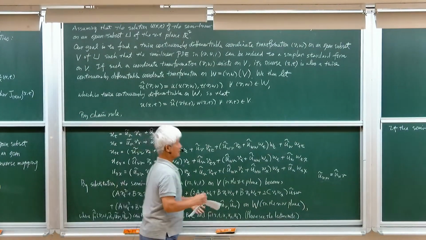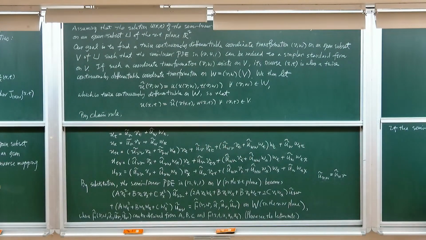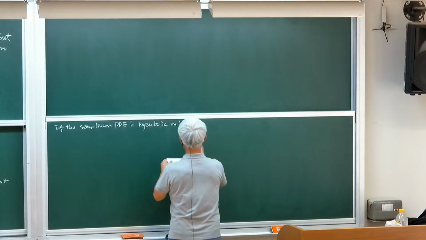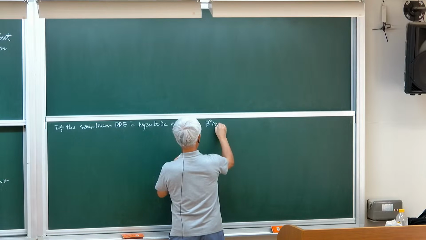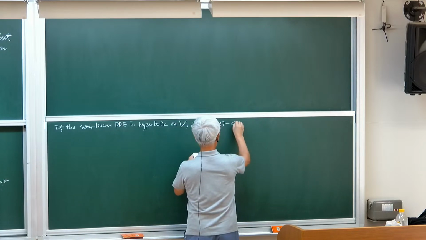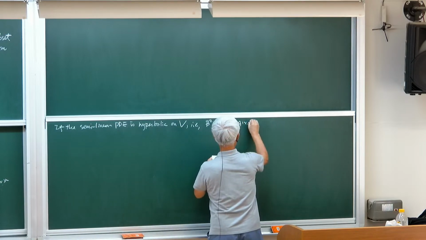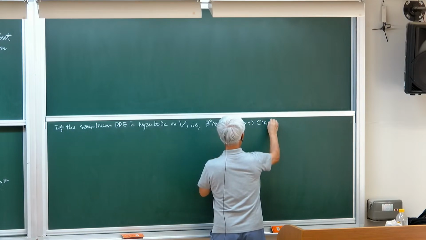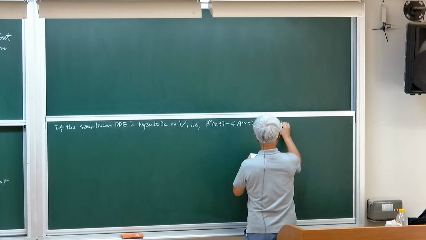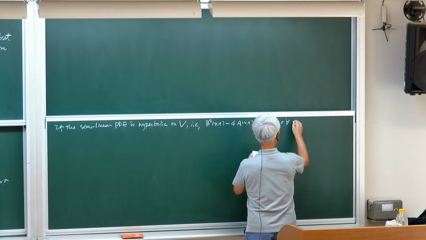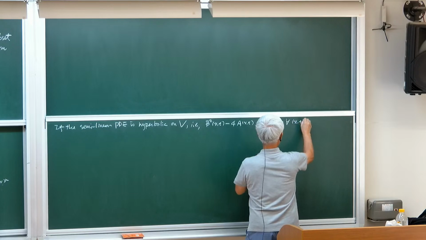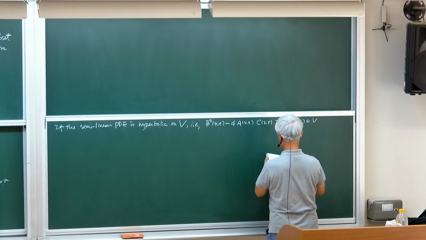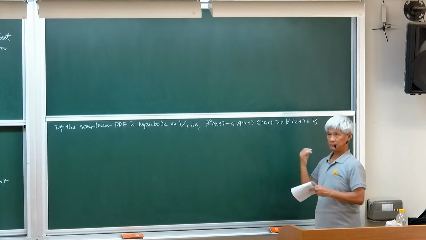So on that, being hyperbolic on V means that b squared of x, t minus 4ac is positive for all points in V. Okay, suppose, right?